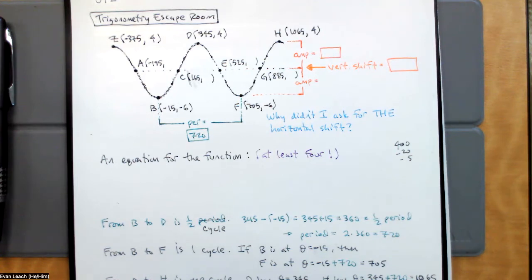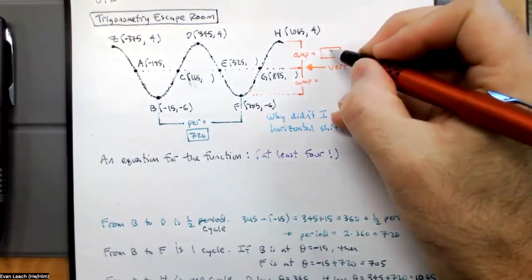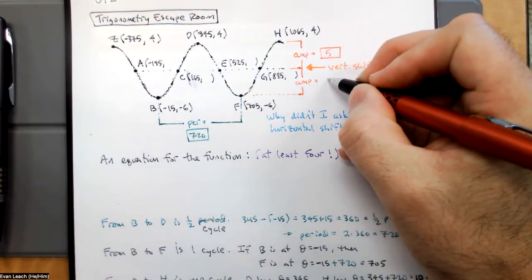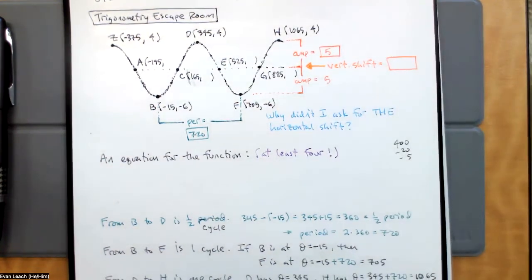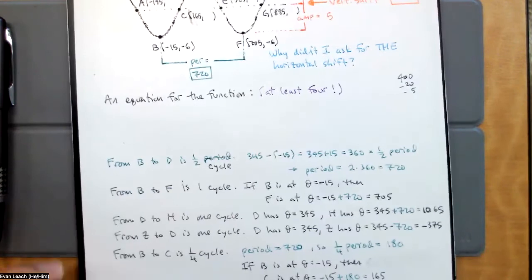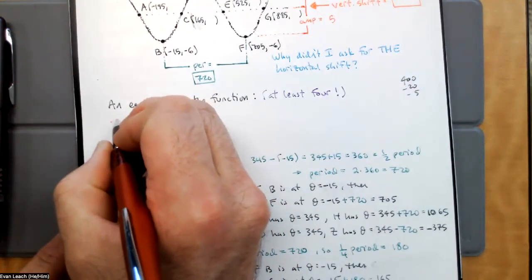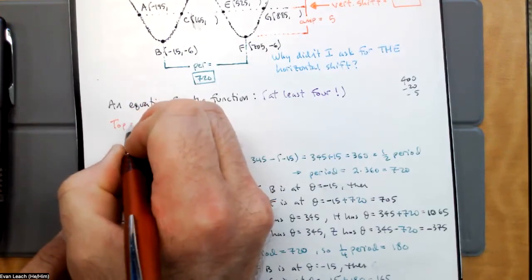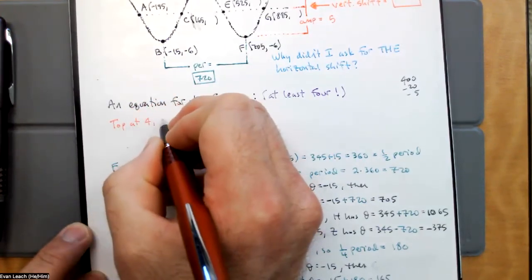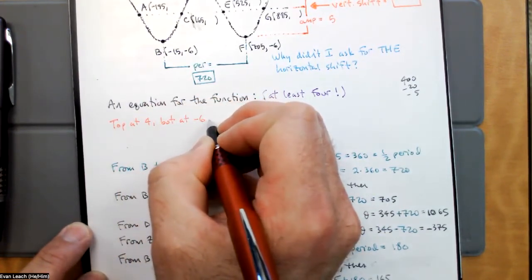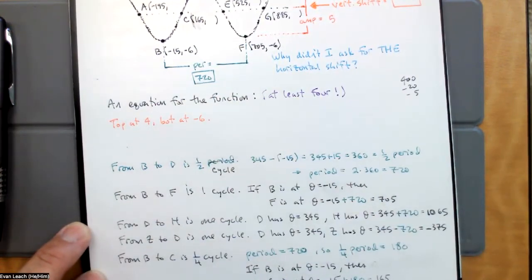Since the vertical distance from 4 to -6 is 10, half of that is the amplitude, because I've got an amplitude from the middle to the top and an amplitude from the middle to the bottom. So the top minus the bottom: the top is at 4 and the bottom is at -6.